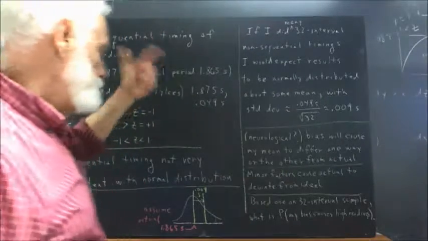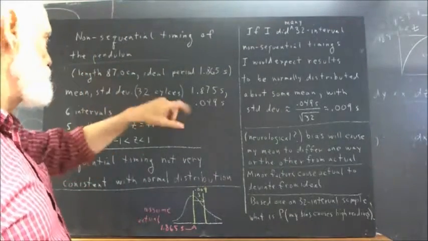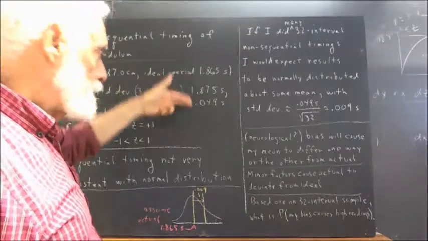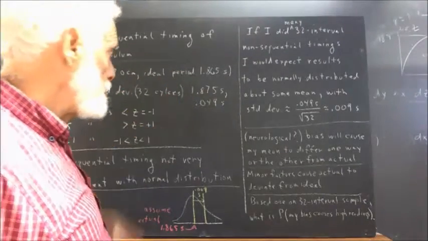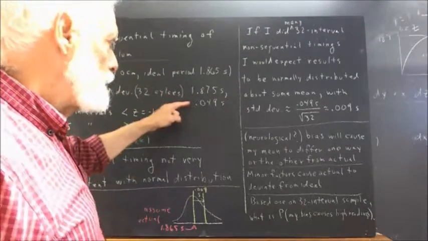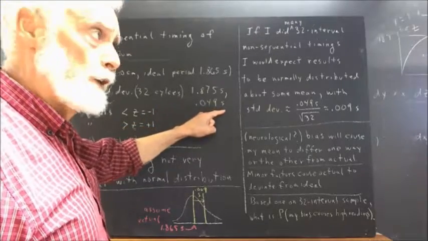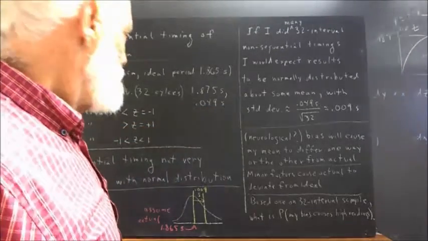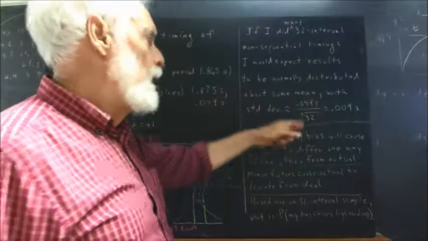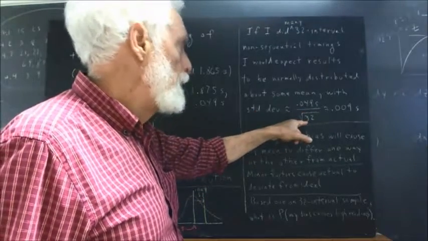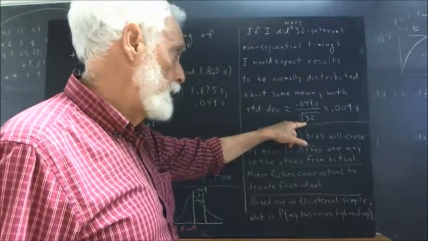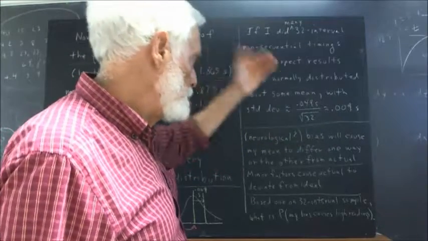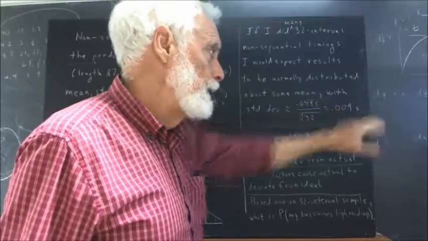Okay, so in my case, the standard deviation, at least as far as we can determine it from this data, the standard deviation of my individual timings is 0.049 seconds, which means that the standard deviation of 32 interval trials would be 0.009 seconds.